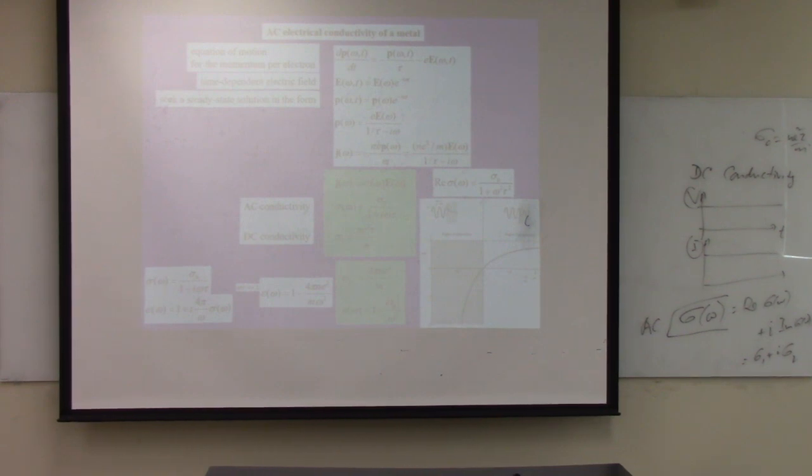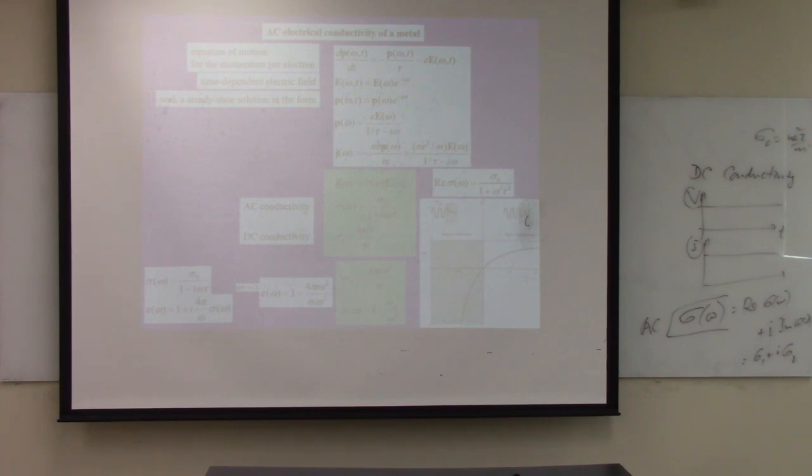Mass times acceleration, if you do it in one dimension, equals e times E, right? Now since we are talking about this AC electric field, not DC, that means I can write my E as some E0 times e to the i omega t.